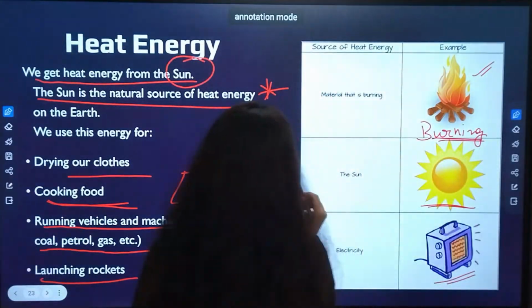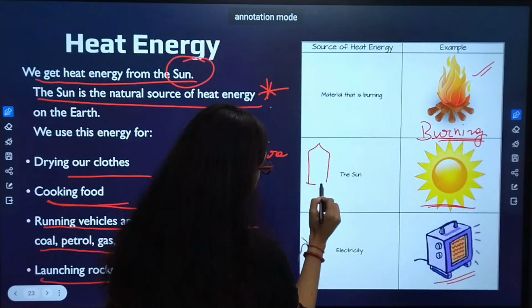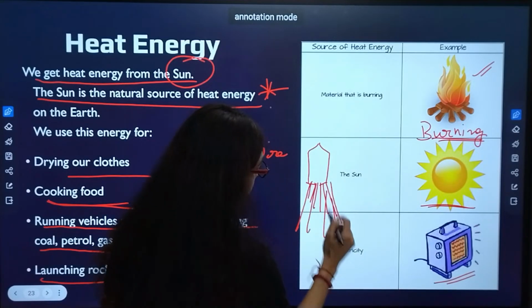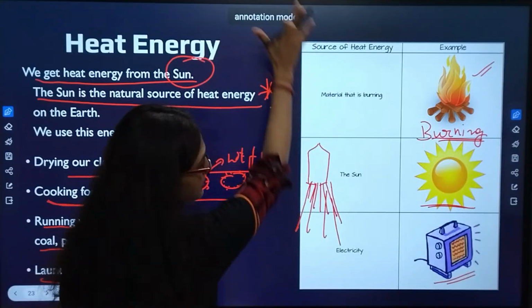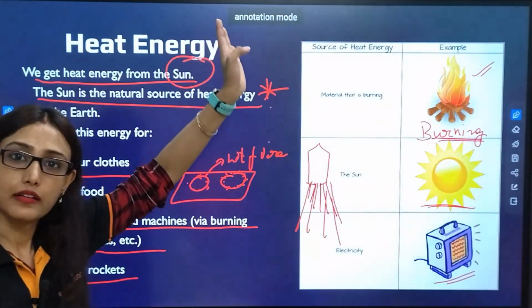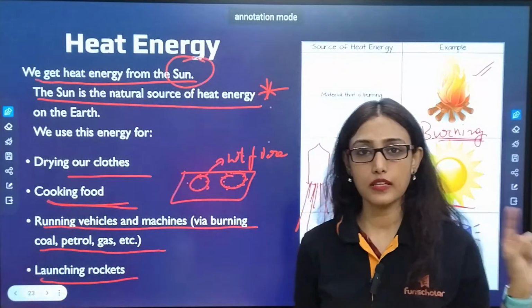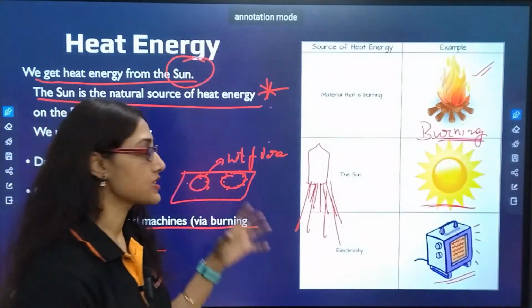Then launching of a rocket. You have seen how a rocket launches. Suppose this is a rocket. This much heat energy comes out and pushes the rocket against our gravitational force. I have taught you gravitational force in my previous lecture. So now you know what gravitational force is.